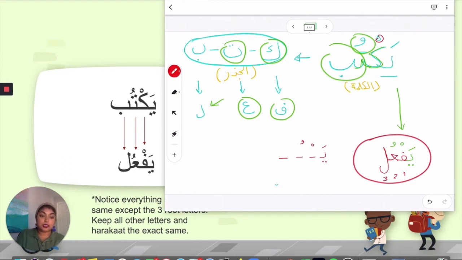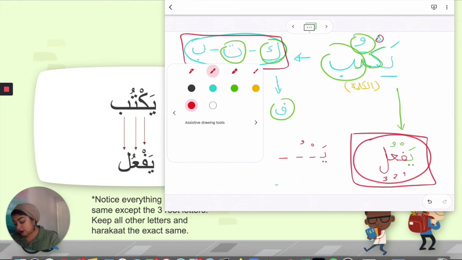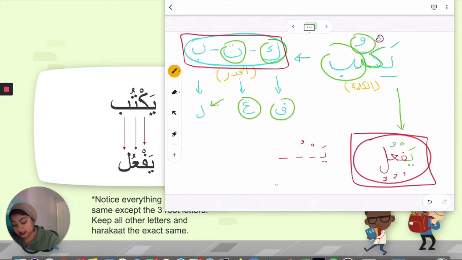Okay? So another thing, this is kind of like math. If I said, here's the root is kataba, and the pattern is yaf'ul. Okay? The root is kataba, and the pattern is yaf'ul. So this right here, we call this al-wazan. Al-wazan is the pattern.